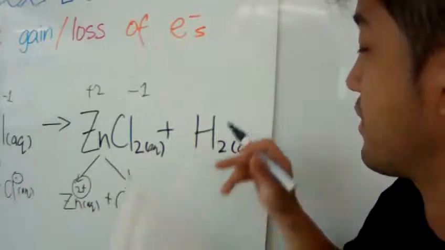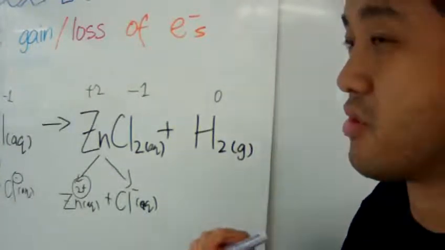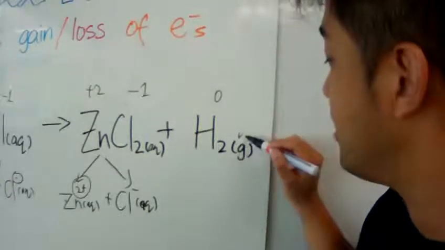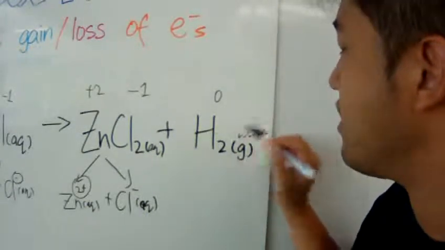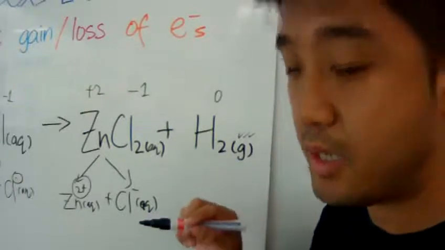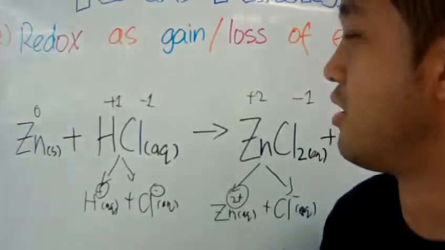Because it's bonded by itself, it has a 0 charge because number 1, it is not an aqueous solution, number 2, it is a gas, number 3, it is an equal sharing of electrons in its covalent bond. So I got it all written down.